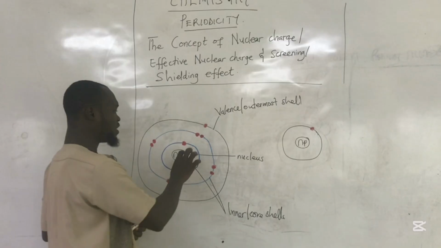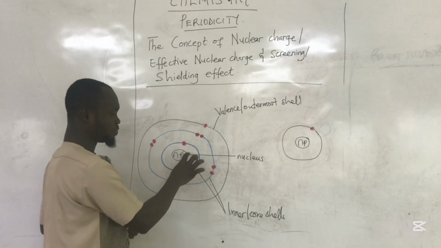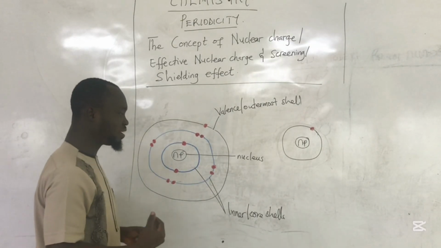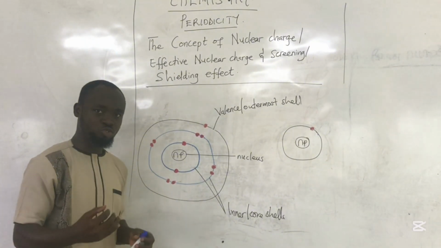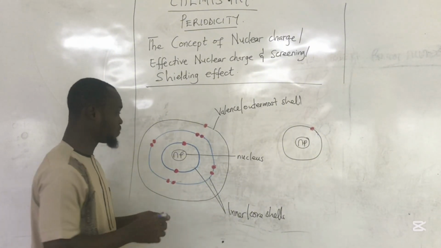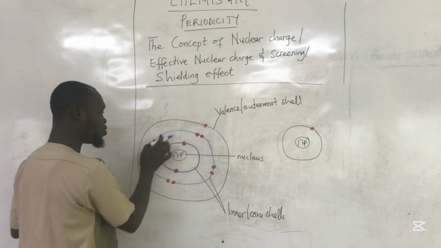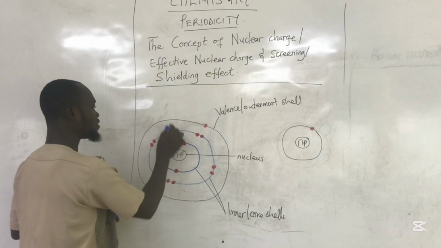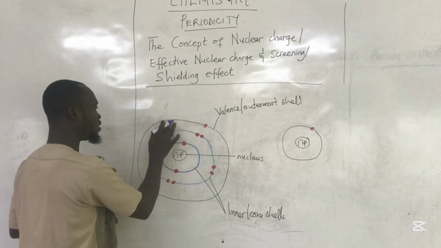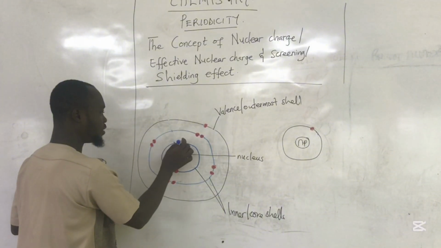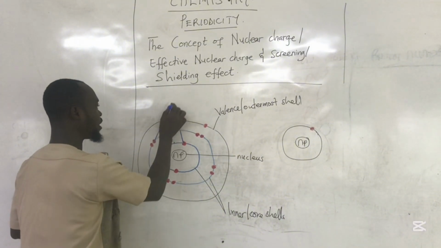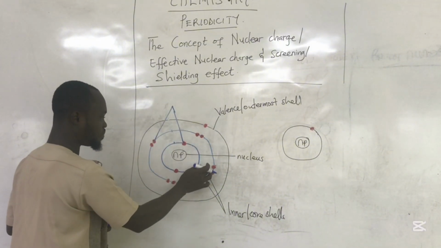The red dots indicated on the blue shells are known as the inner shell electrons or the core electrons. So the electron that I have on this shell and then also on this shell, the electrons here and the ones here, all these ones are part of it.